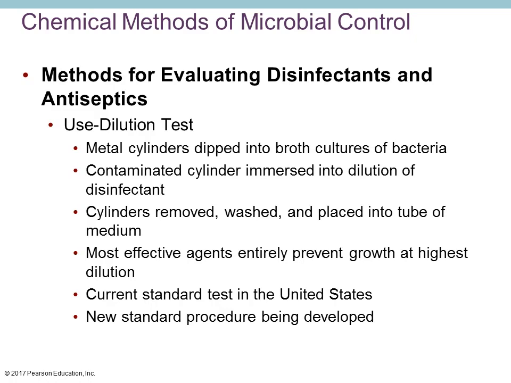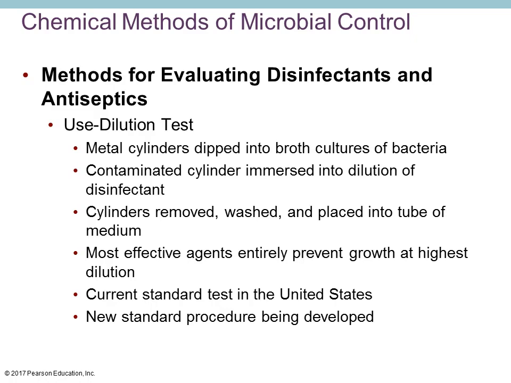What you want to do is, number one, test to see if it's effective, and then also test at what concentration, because if you're going to be able to use it, you want to be able to prevent growth of microorganisms completely, not just a little. You want to prevent the growth, but you need to know at what concentration.